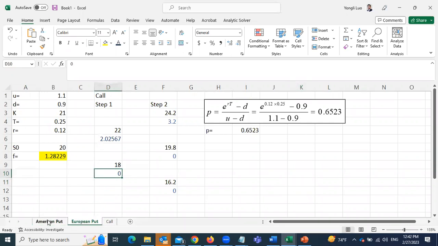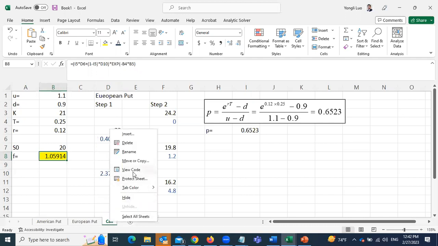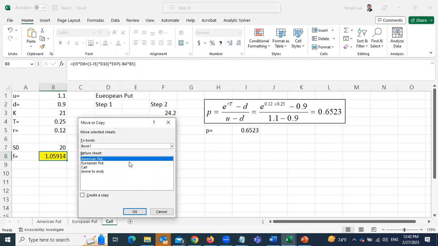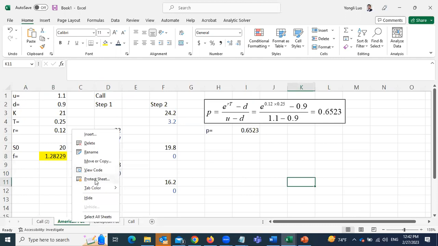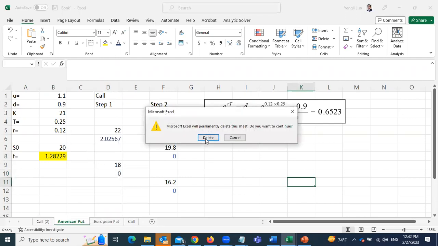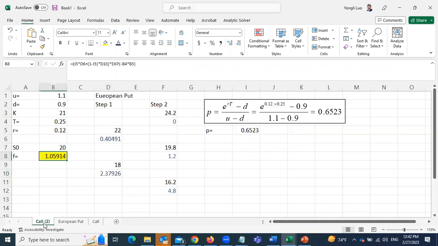Okay, I'm going to rename this. Okay, this is the American put option.